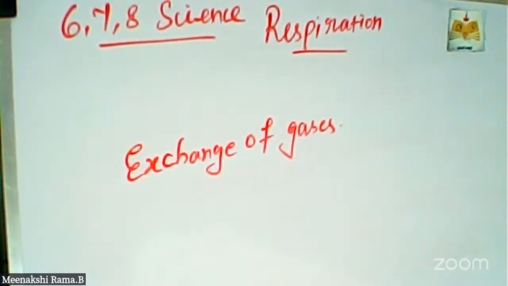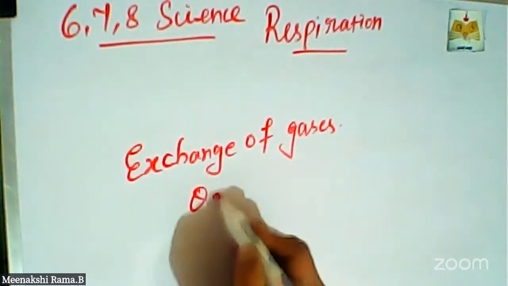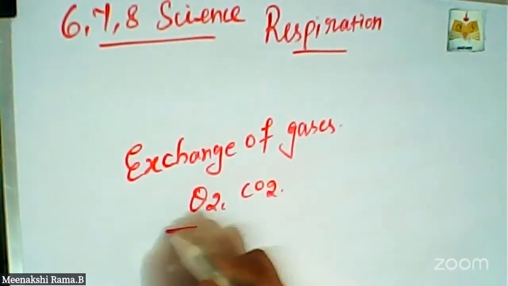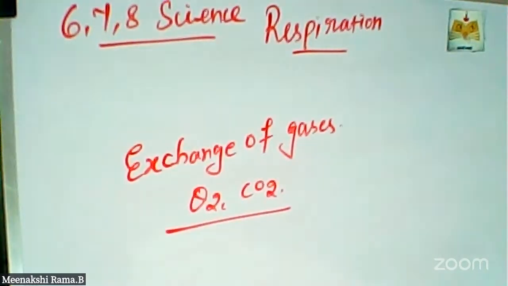Exchange means what? Some plants need carbon dioxide, human beings need oxygen. So depending upon the needs, we inhale the air from the environment. So the organism exchanges gases like oxygen and carbon dioxide. This is called respiration.